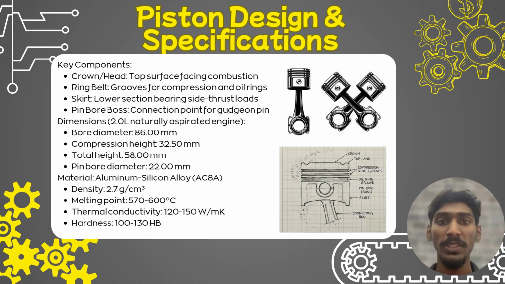Melting point 570 to 600 degrees Celsius, must withstand combustion heat. Thermal conductivity 120 to 150 watts per meter Kelvin, excellent heat transfer. Hardness 100 to 130 HB, resistant to wear in grooves. Thermal expansion very low, preventing seizing in the cylinder.